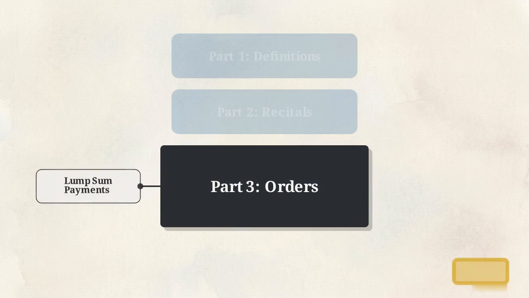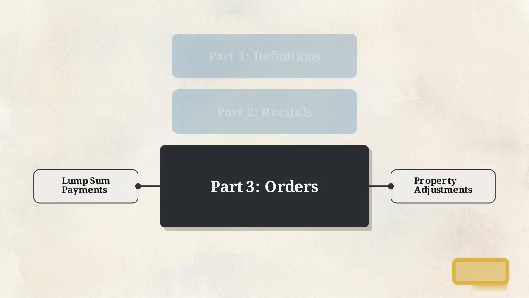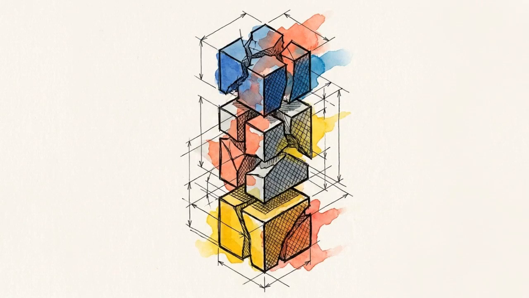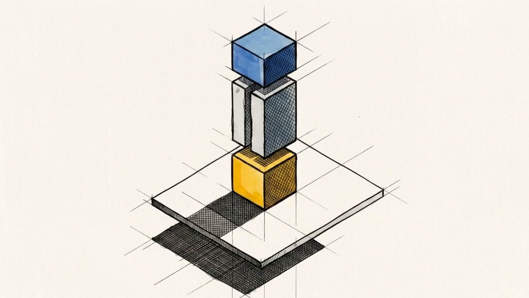These are the enforceable financial mandates, such as lump sum payments and property adjustments. Mixing these categories, such as putting enforceable mandates in the recitals, creates a flawed document that is likely to be rejected or found unenforceable. Maintaining this structural integrity ensures the document is legally sound and ready for judicial approval.